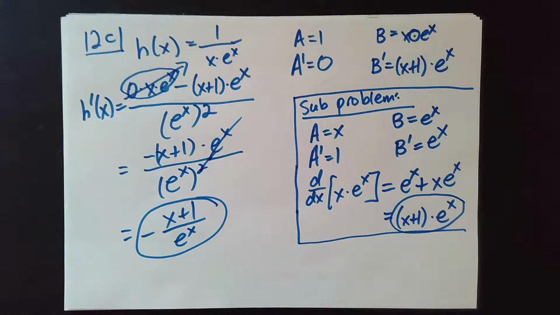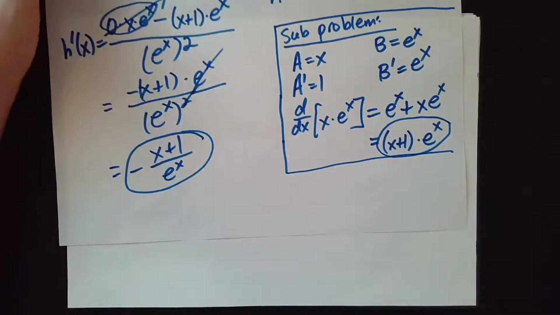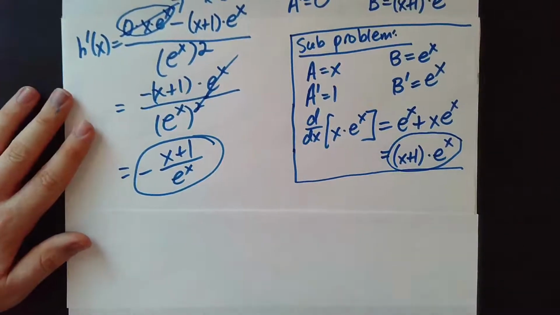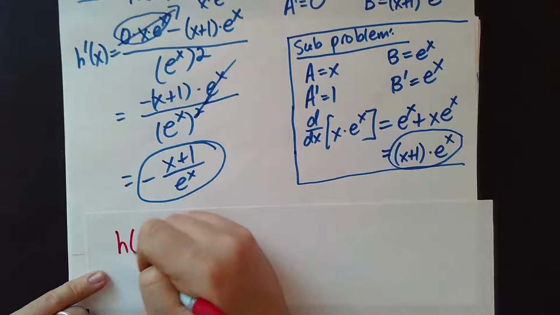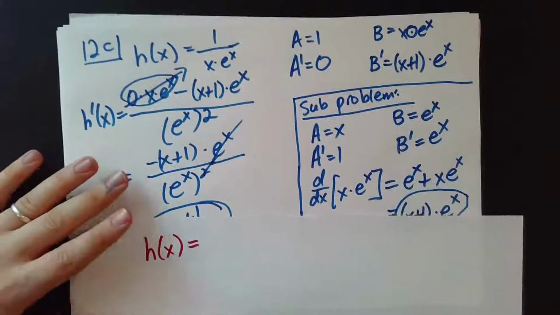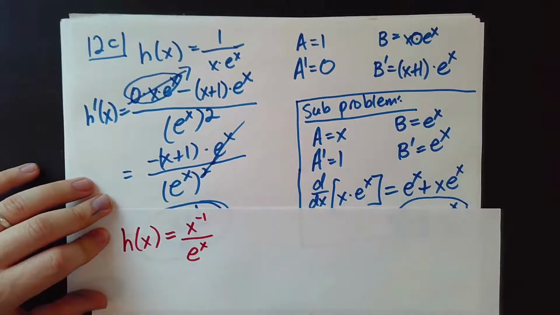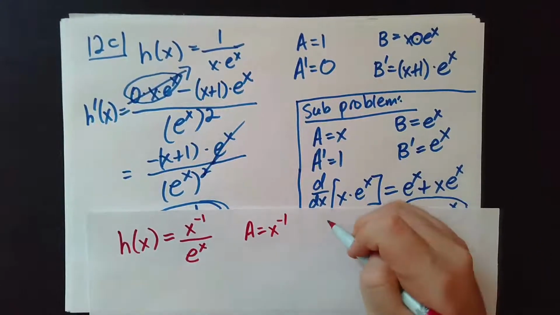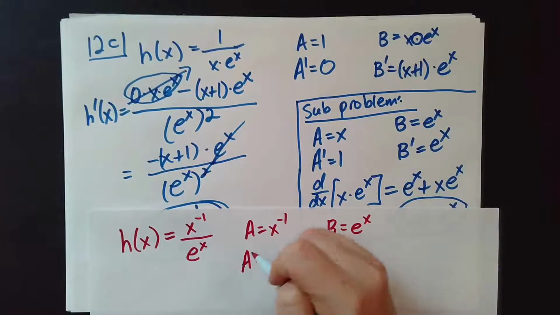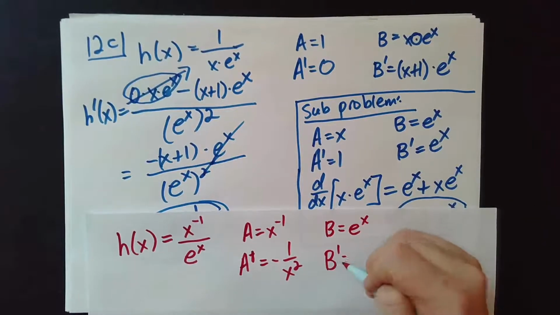Now, I think what you may have been alluding to in the chat is that there's a different way to do this, which is to first rewrite what h of x is. So nothing wrong with this solution we just did, but I could equally well have said, okay, well, h of x, instead of writing it as 1 over x times e to the x, I could instead have written it as x to the minus 1 over e to the x, which has the bonus that when I go to write this down now using the quotient rule, it ends up working out like this.